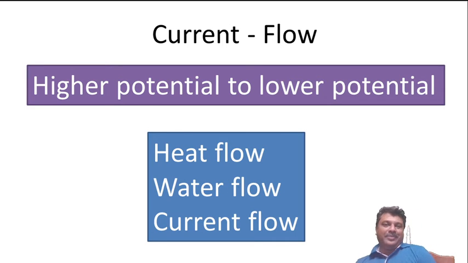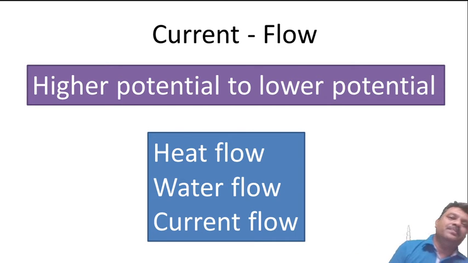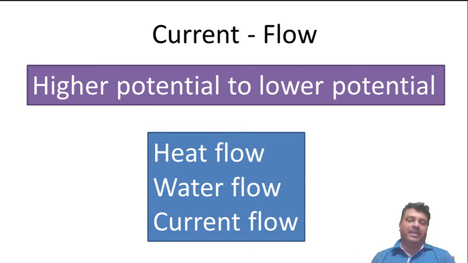conventionally, people have been believing that the flow takes place from a higher potential to a lower potential. Flow is a natural phenomenon. For example, heat flows from high temperature to low temperature. Any liquid flows from a high pressure region to a low pressure region.